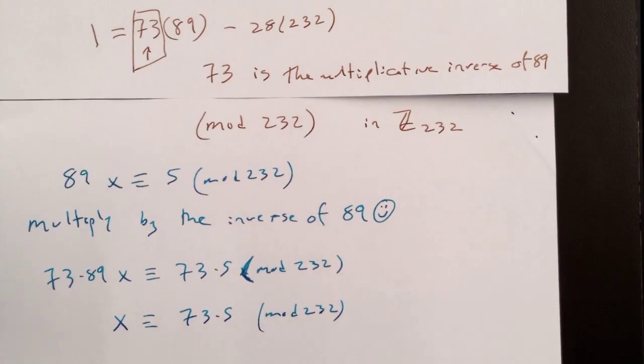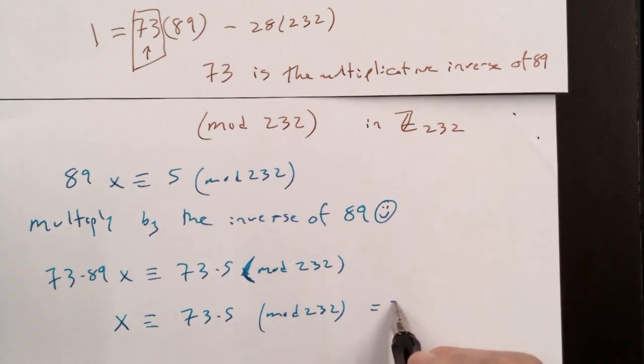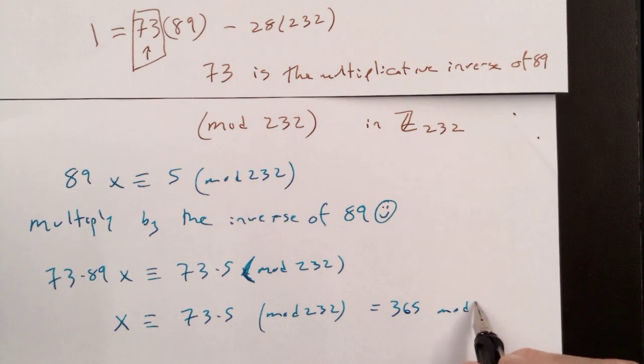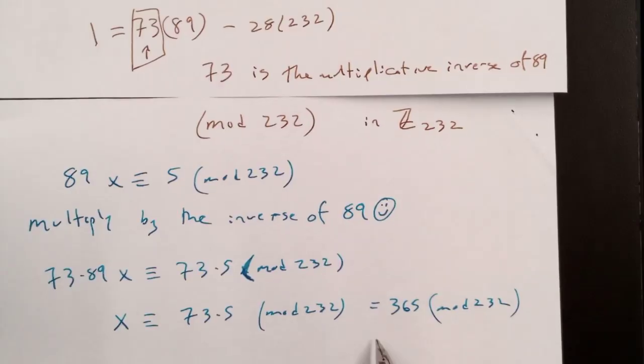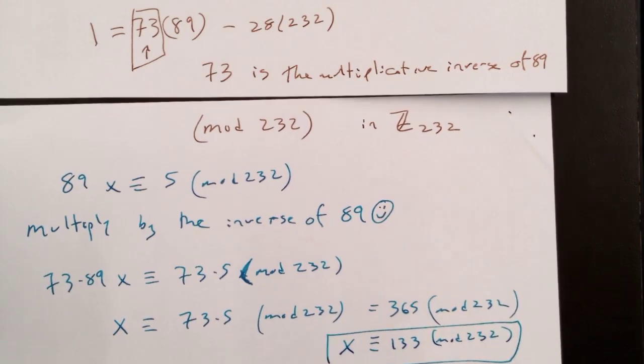What's 73 times 5? Mod 232? I found my answer.